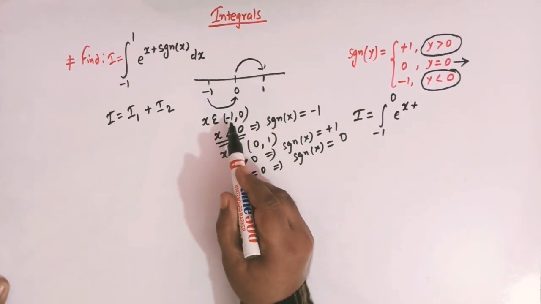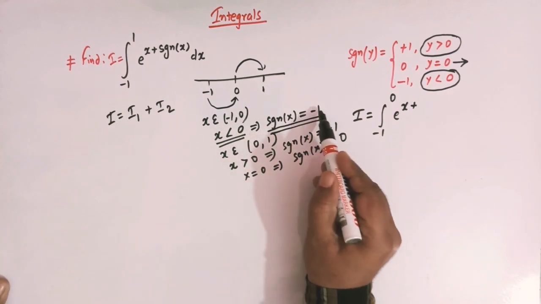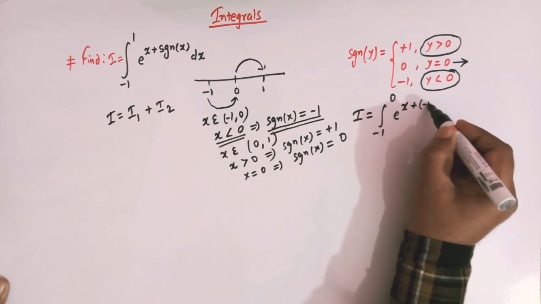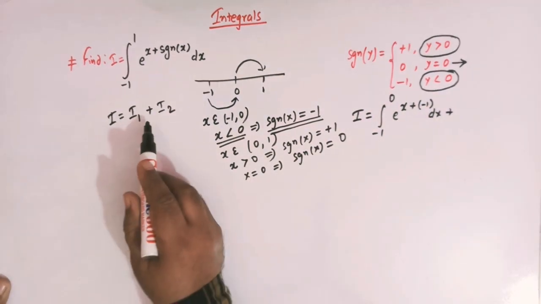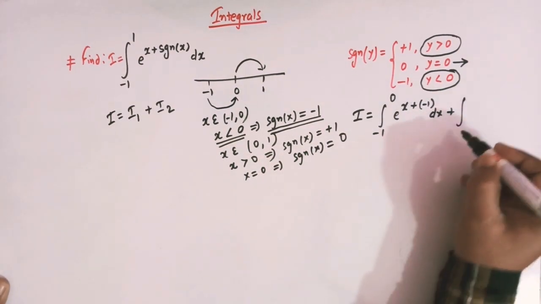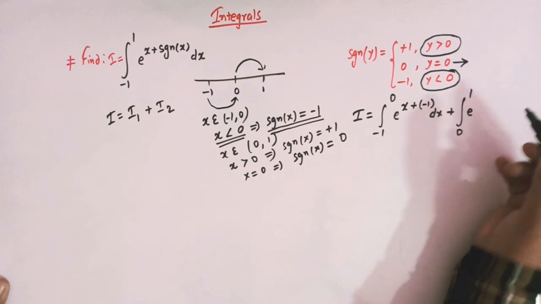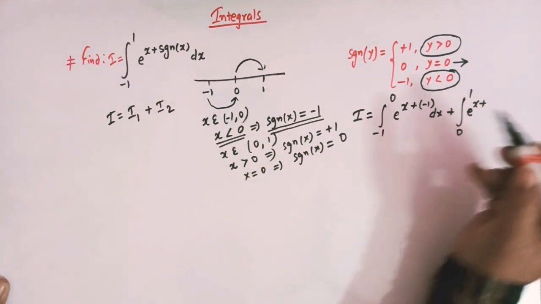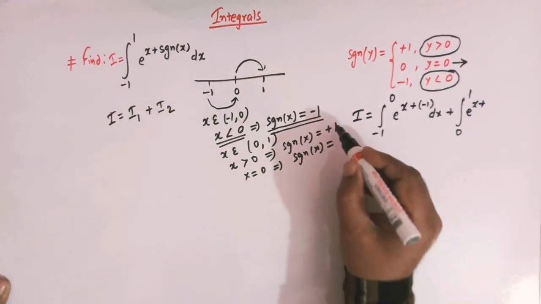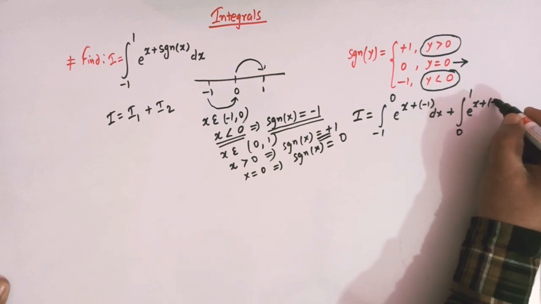When we go from -1 to 0, signum of x takes the value -1, so we have -1 and dx. And I2 is from 0 to 1, of e raised to x plus signum of x, which takes the value +1, so here we have +1.